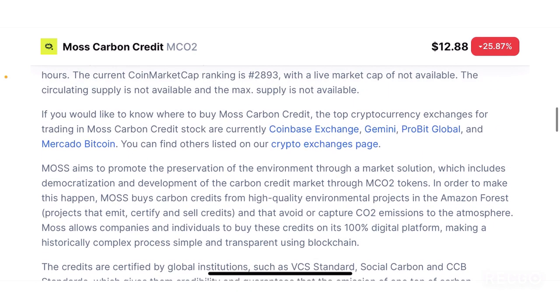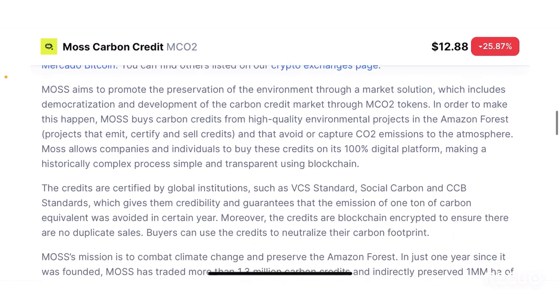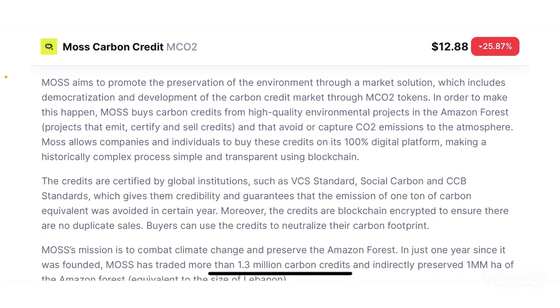So what is Moss Carbon Credit? Moss aims to promote the preservation of the environment through a market solution which includes democratization and development of the carbon credit market through MCO2 tokens. In order to make this happen, Moss buys carbon credits from high quality environmental projects in the Amazon forest, projects that emit, certify and sell credits and that avoid or capture CO2 emissions to the atmosphere.